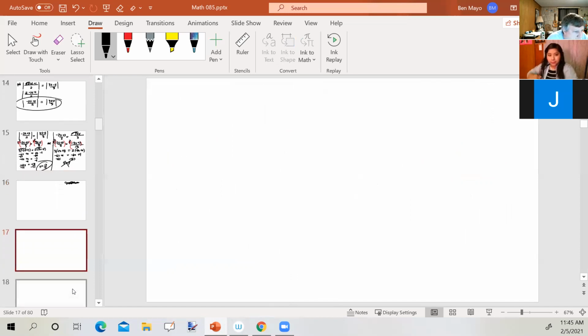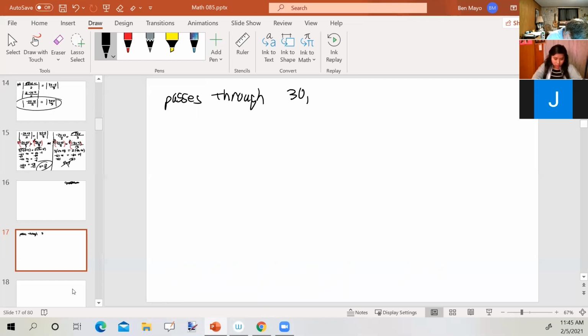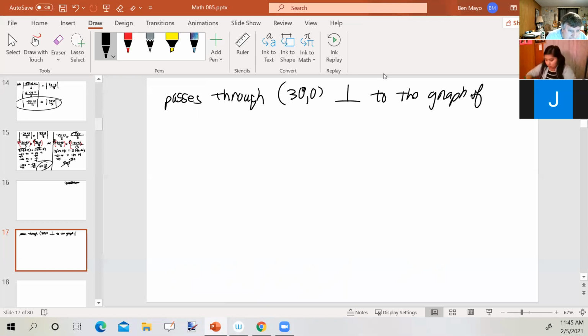Yes. Okay. It says write an equation for a linear function whose graph has the given characteristics. It passes through the point 30, 0, and it's perpendicular to the graph of g of x equals 5x plus 8.